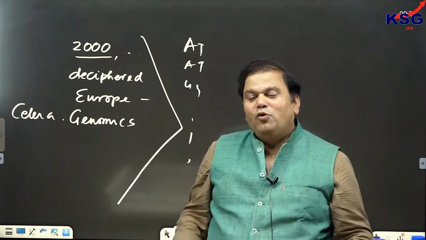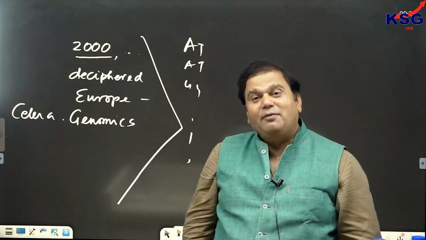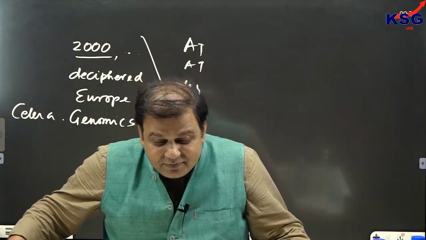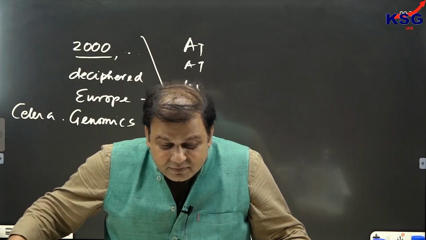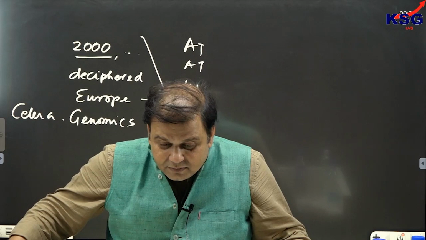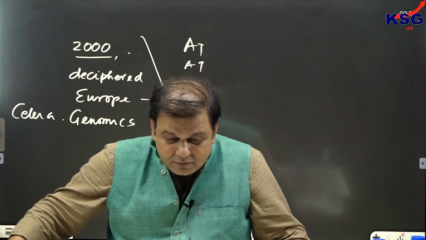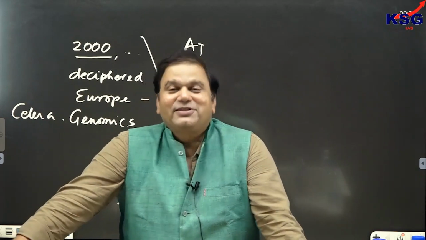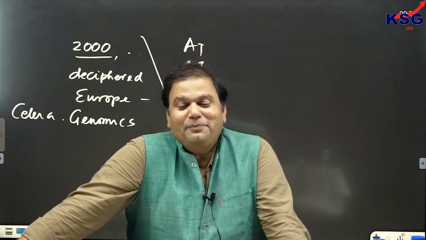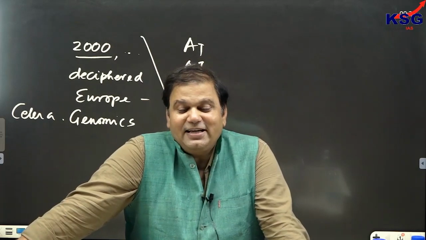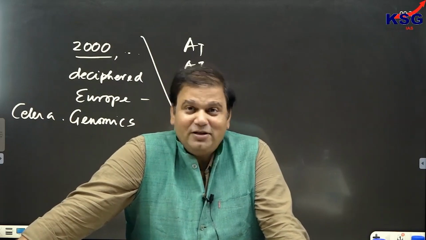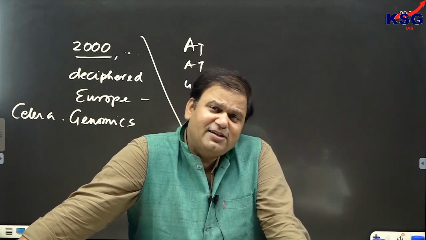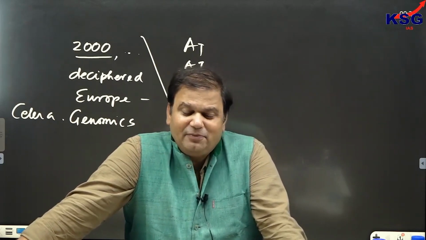Look, more than 99% of genes among us is exactly the same. Yes, you may use that while you are teaching. Now, more than 99% of genes among us is exactly the same. In all of us, 99% of genes are exactly the same.